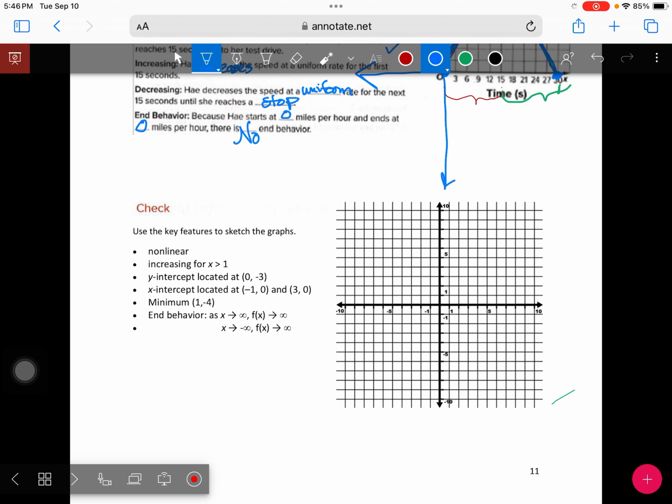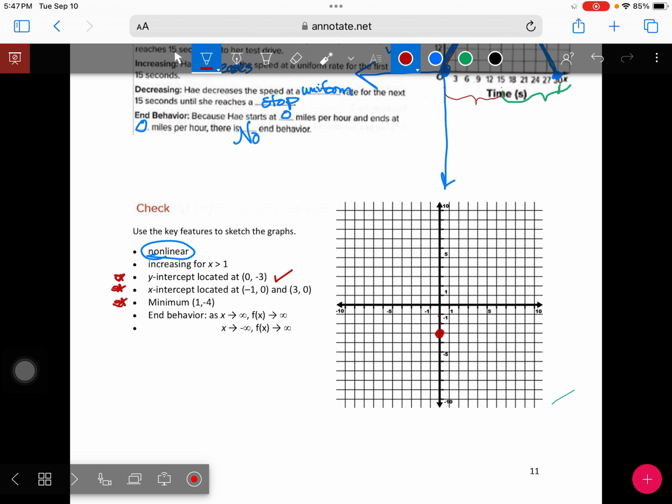Welcome back. Let's see how you did. Okay, so it is non-linear, not going to be a line. Okay, I see some important things here. Y-intercept, that's really important. X-intercept, very important. And minimums. Okay, so y-intercept at (0, -3). There's -1, -2, -3.